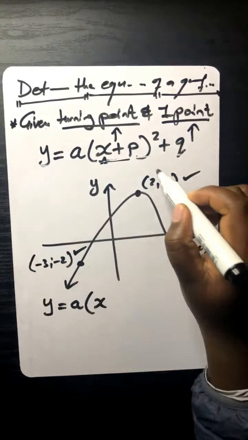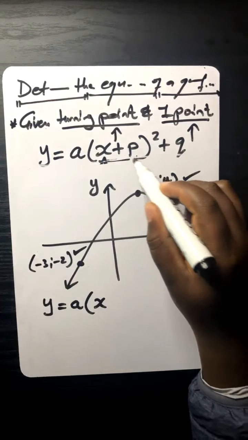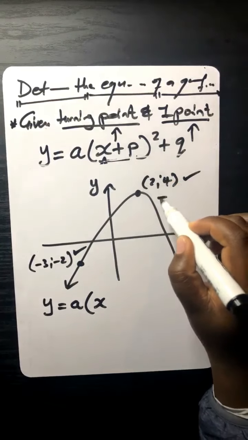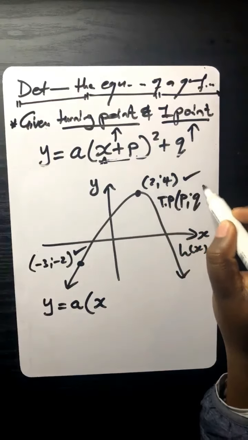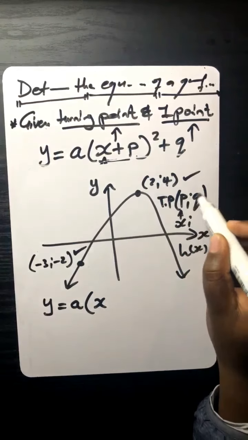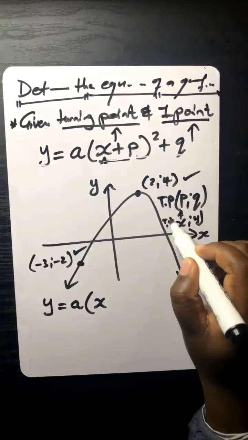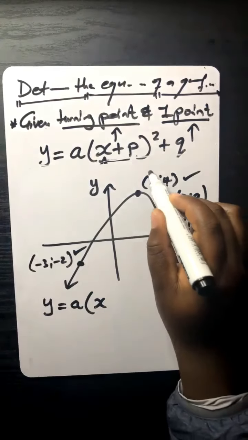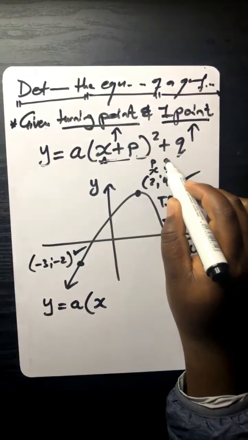What is the x value of our turning point? Remember, the coordinates for the turning point are P and Q. So P represents the x value and Q represents the y value of the turning point.